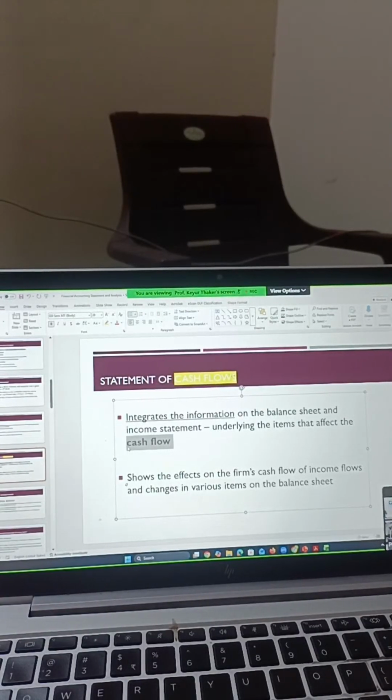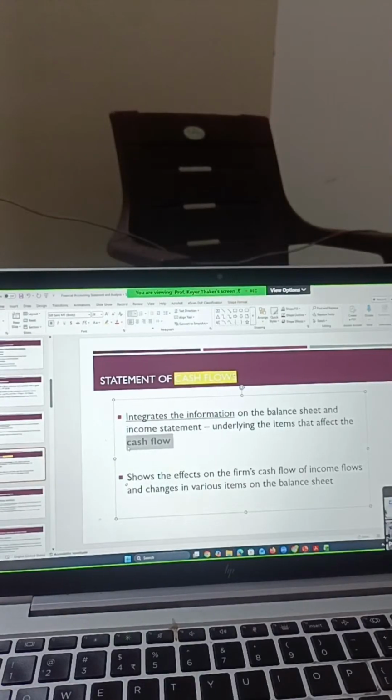They generated revenue of 2500 crores for a quarter, but 1600 crore of the revenues have not been realized, and the company registered a profit of 400 crore. If you look at the P&L statement, you will not understand the cash position of the company. Therefore, you have to prepare something called a cash flow statement.